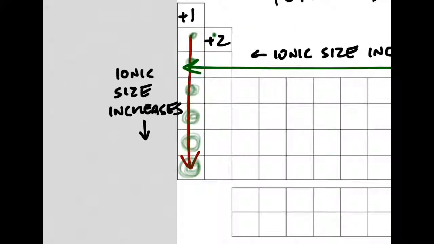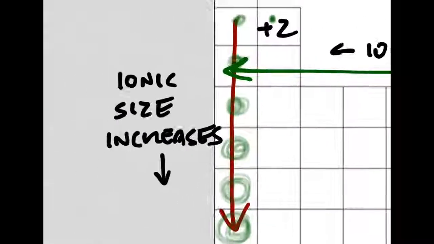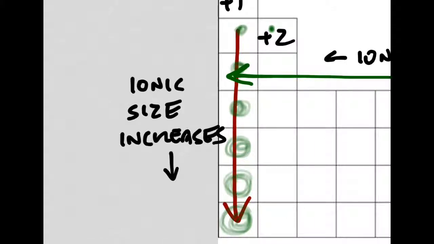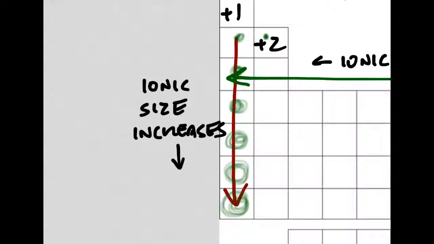Okay? Now, how about this part? What explains that? Because these are all going to be the +1, which means they're all going to lose an electron.